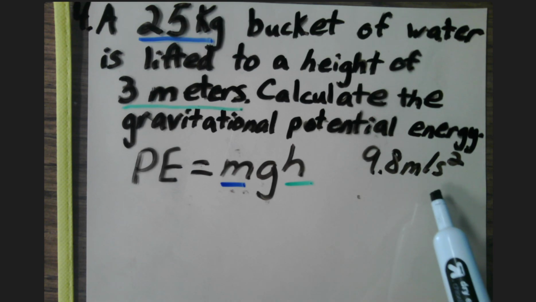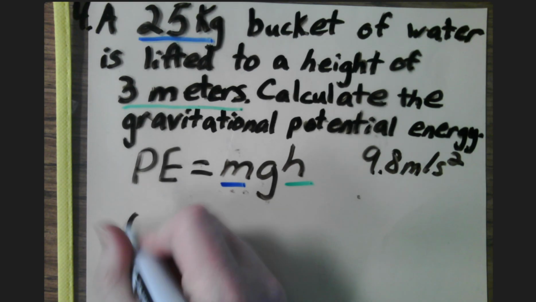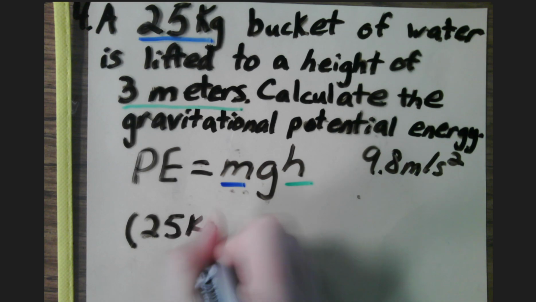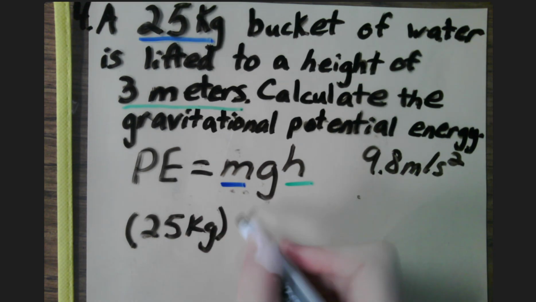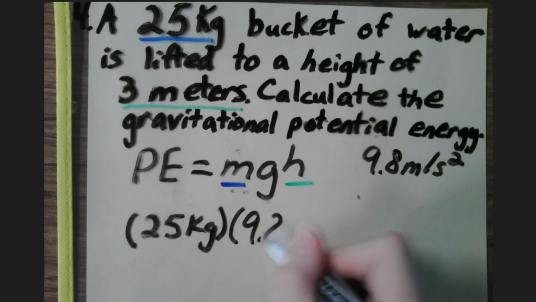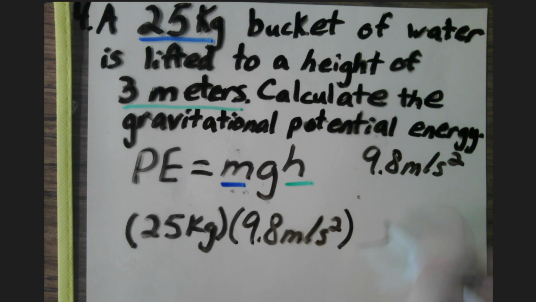So let's plug in our numbers. So our mass is 25 kilograms. Our gravity is always, it's not going to change, always going to be 9.8 meters per second squared. And our height is 3 meters.